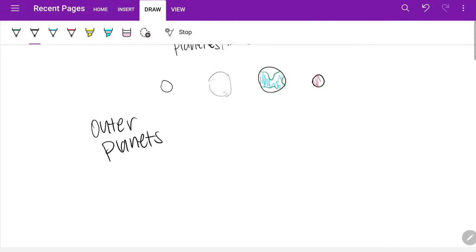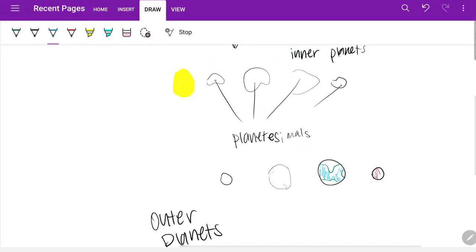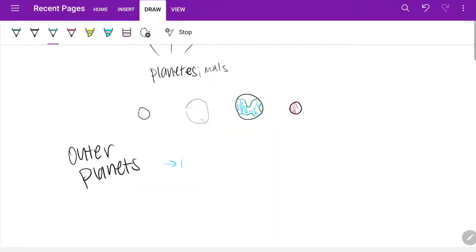And so in these areas, we see a lot of ices. Ices like water, carbon dioxide, methane, and ammonia, because it's so much colder, so we see a lot of these ices.